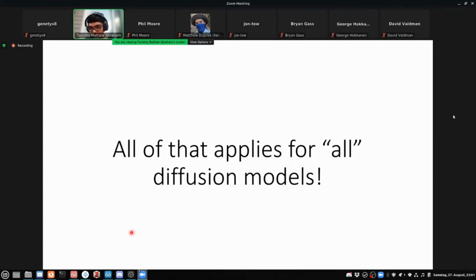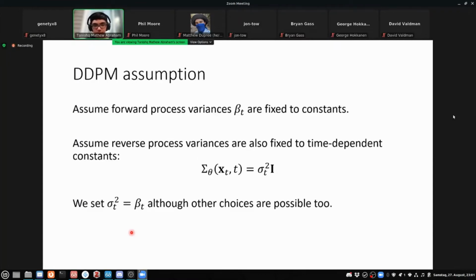Okay, if there are no questions, I'll go over some of the additional assumptions that DDPM makes. One of the assumptions is that all these variances are constants. That's true for the forward process, but also for the reverse process.